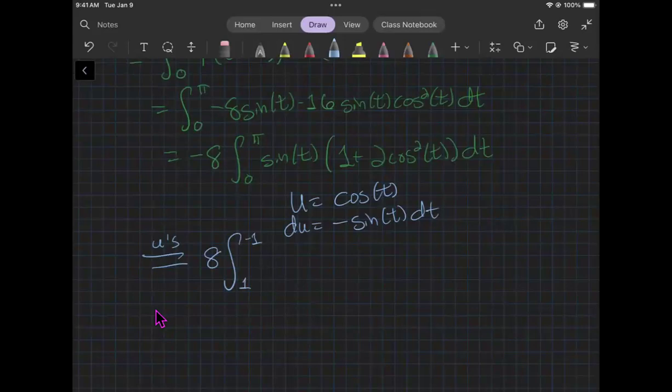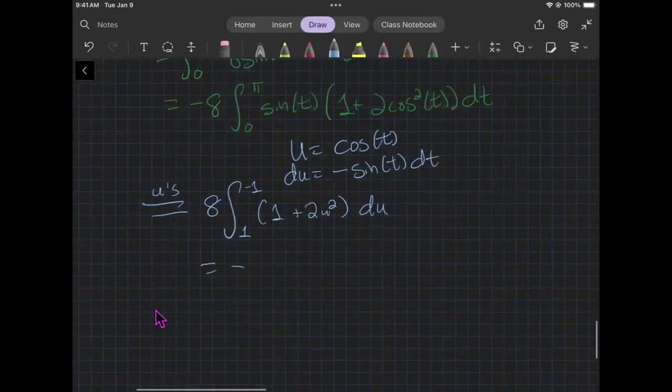So we'll have 1 plus 2u squared du, which is equal to minus 8 times the integral from minus 1 to 1 of 1 plus 2u squared du.